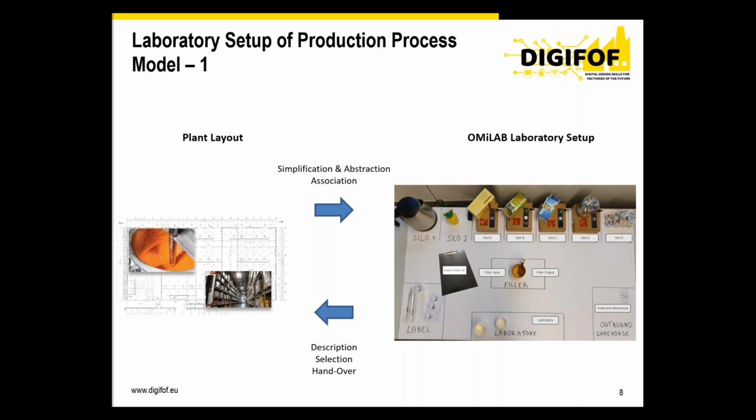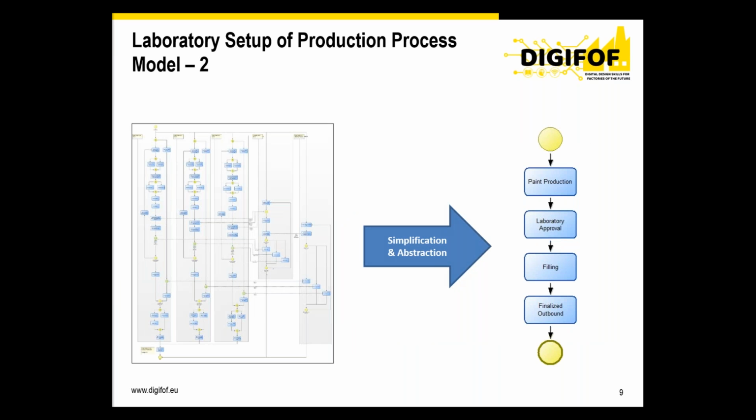And this results, as already shown on the right-hand side, in the OmiLab laboratory setup, which has similar characteristics compared to the real-world production process of paint. For instance, such a similarity would be that something is produced in a larger amount and then filled in several buckets, and those single buckets are sold to the customer.